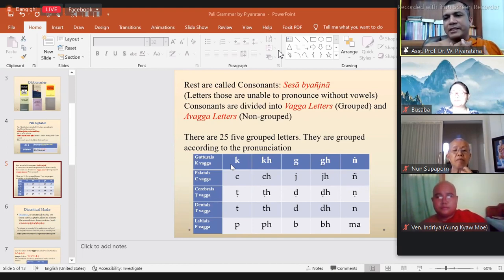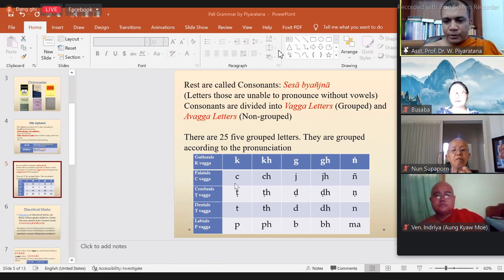In English we call them gutturals, kantaja, because when you pronounce ka, kha, ga, gha, nga, you feel it in the throat.